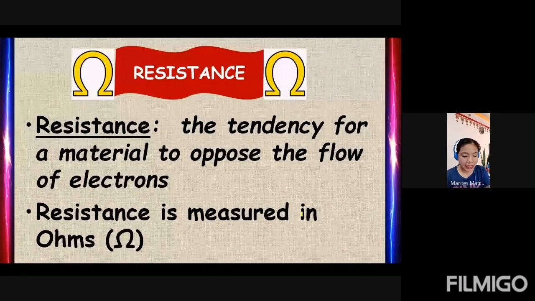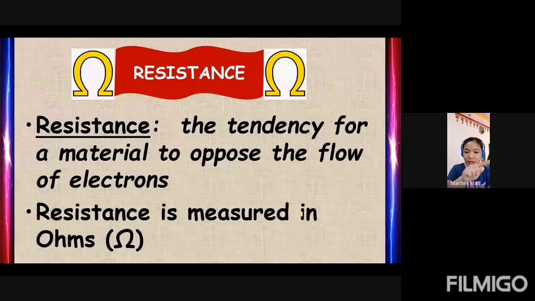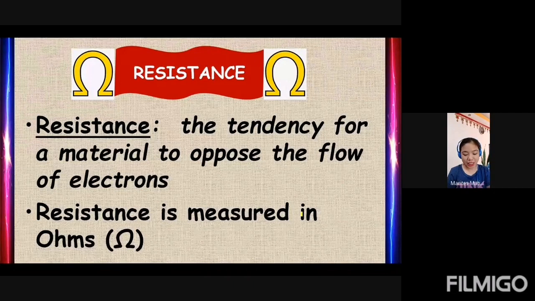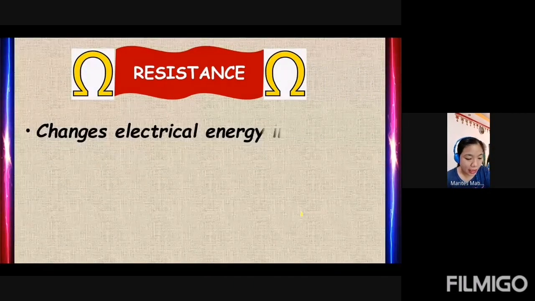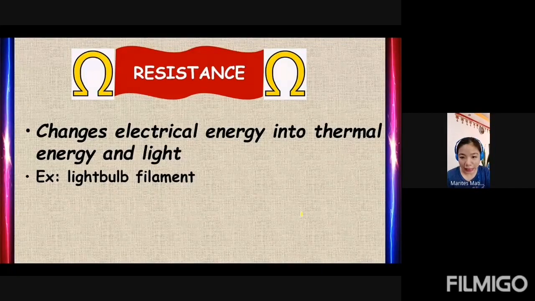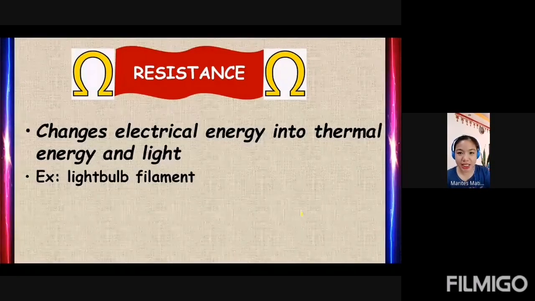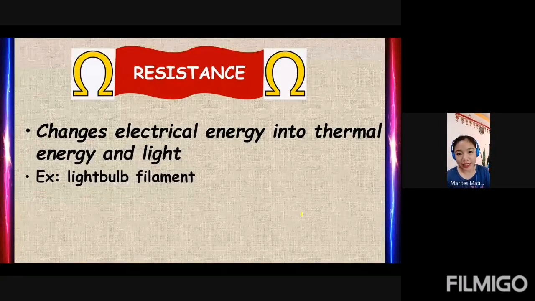And resistance is measured in ohms. Ayan. And the symbol for ohms is, ayan, nakikita nyo naman. It changes electrical energy into thermal energy and light. So, siya yung may kagagawan doon.